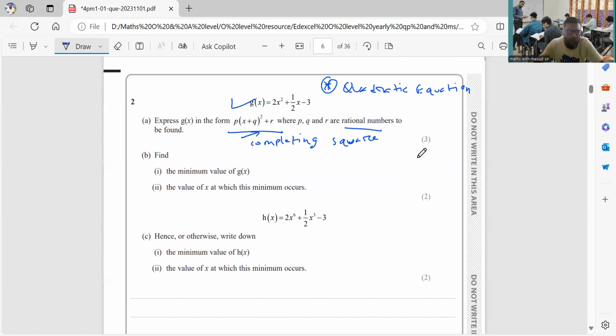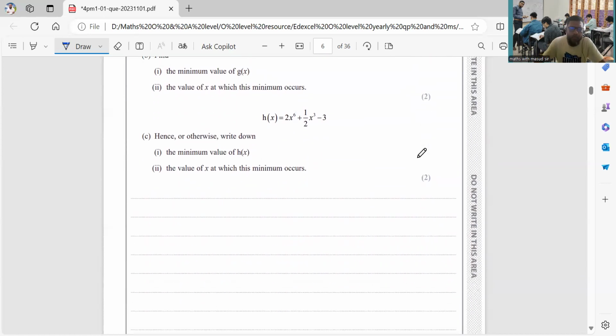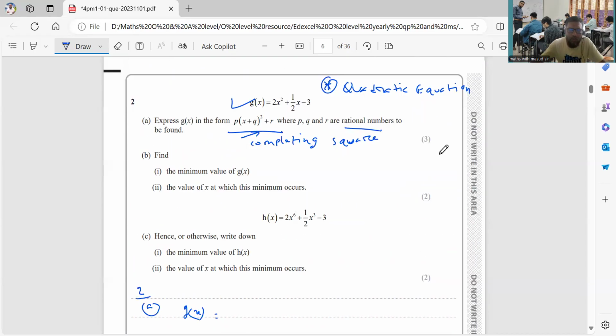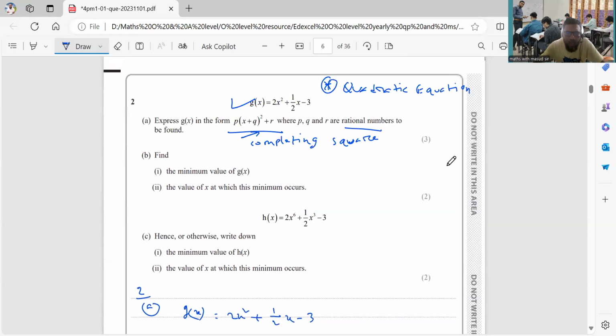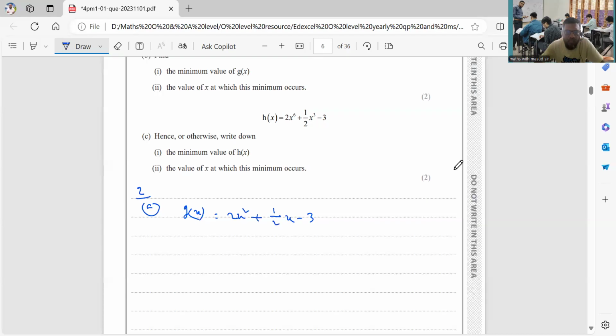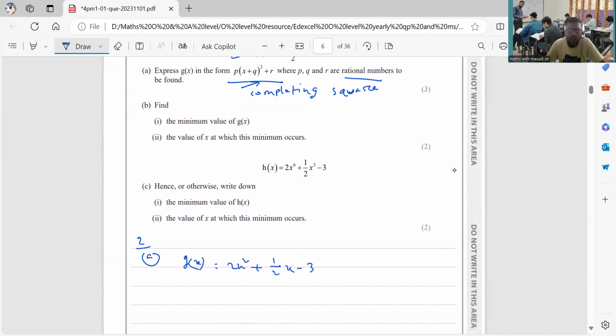Okay, so first we are doing part 2A. So first write g(x), and g(x) equals, the question is 2x squared plus half x minus 3. So this is the question, and the question asks you to make this form.